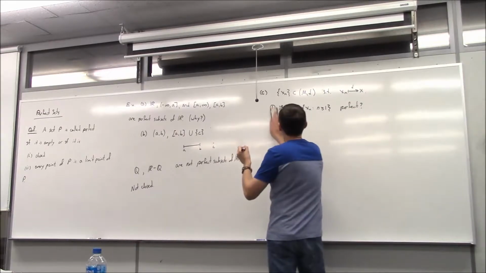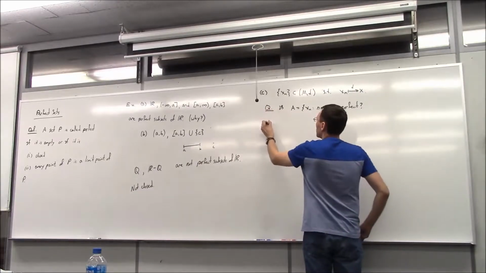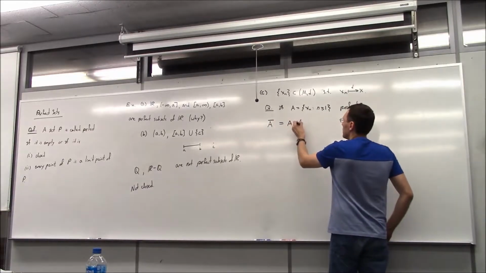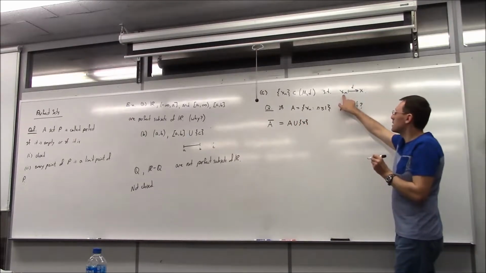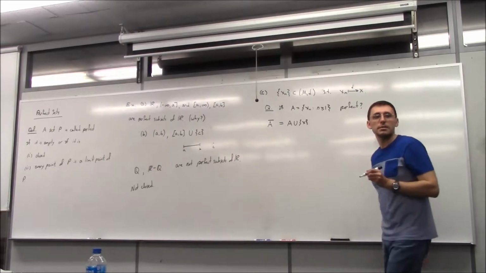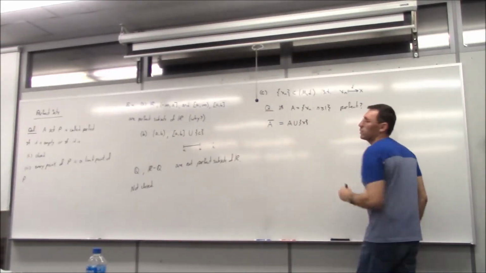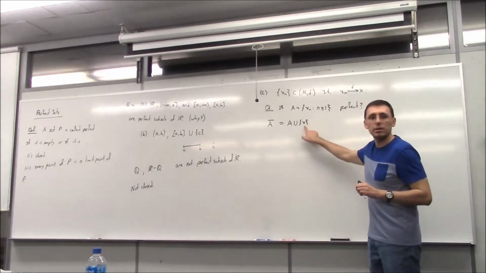So that is the question. If I take a closure, that will be A union {x}. If x happens to be one of the elements in the sequence, then this union is not necessary. Okay? So the closure is A union {x}.